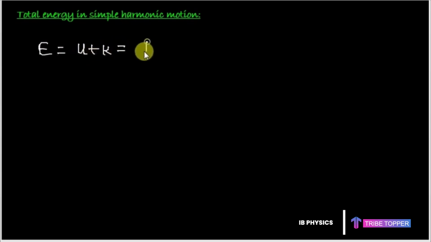So that would be half m omega square y square plus half m omega square into a square minus y square.